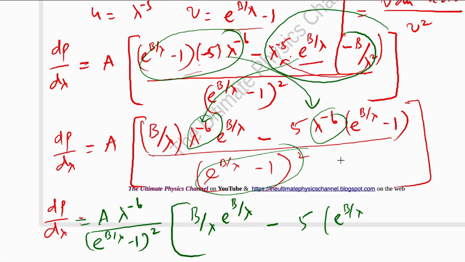If you divide it first, you will have 1 in the denominator. So if you take it out, you have 1 again in the numerator. That is this thing, e power b over lambda minus 1 comes to the numerator again, because here there is a square, so when you take the square out, that term should come on this.